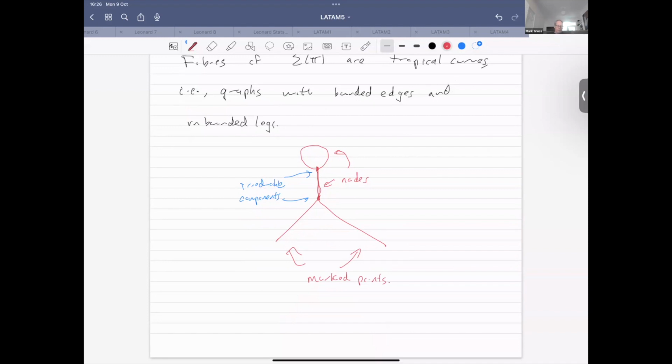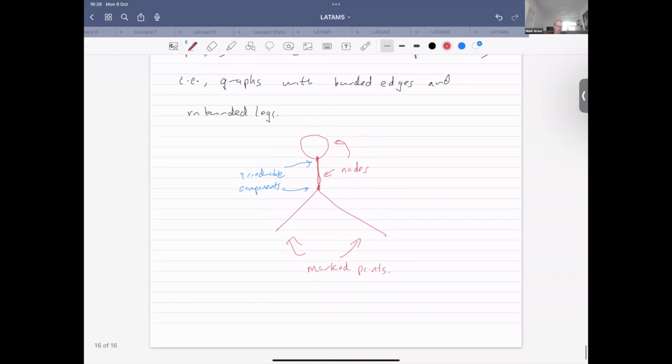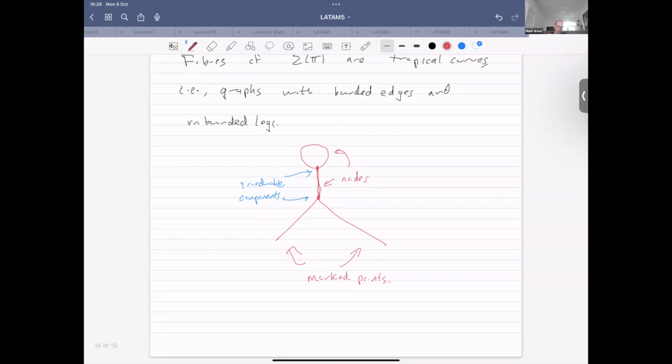So generally, this tropicalization is the best way to think about the discrete information contained in a log scheme and for log morphisms. There's, of course, continuous data, as we saw in the example of a map from spec K dagger into A2.